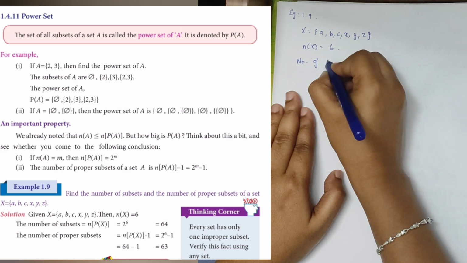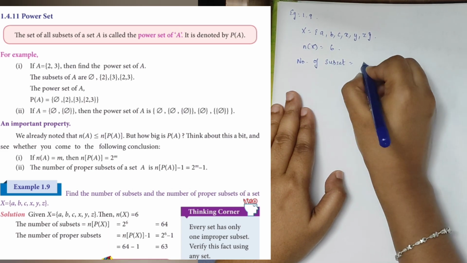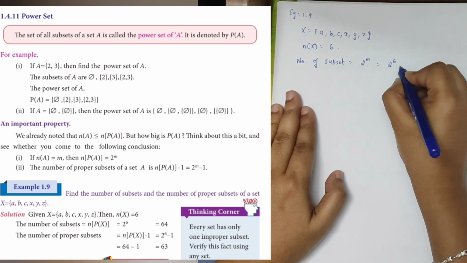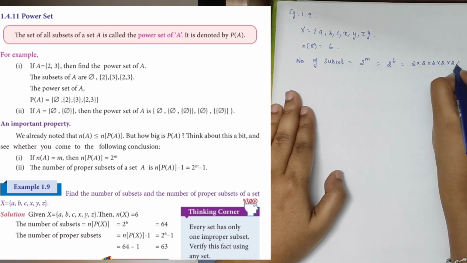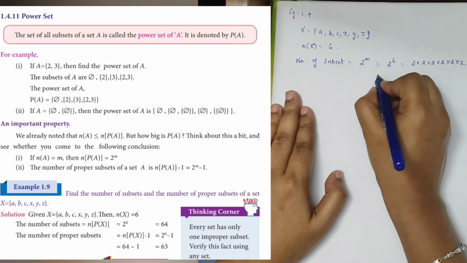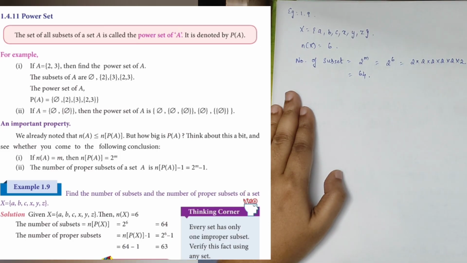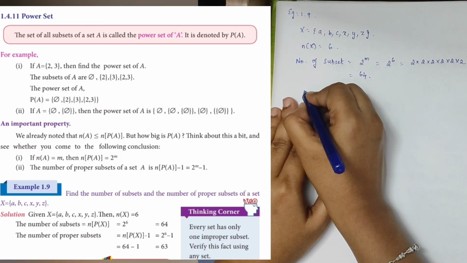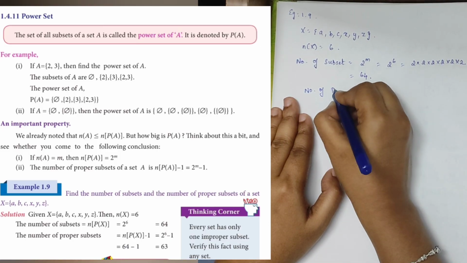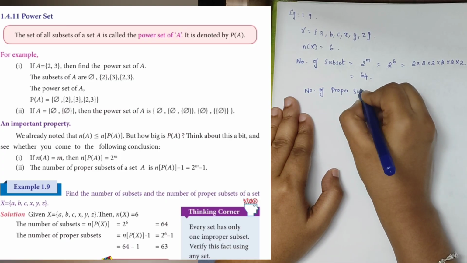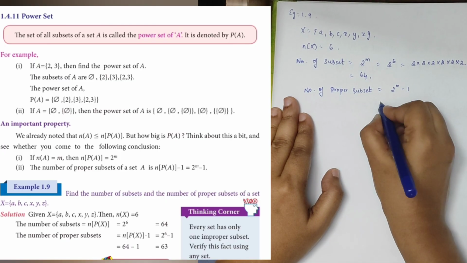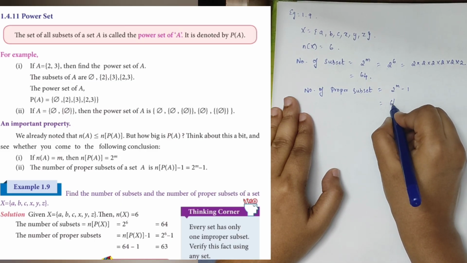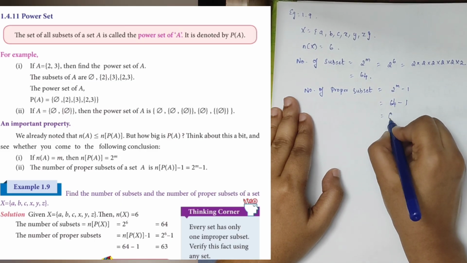So the number of subsets is 2 to the power 6, that is 2 into 2 into 2 into 2 into 2 into 2, which is equal to 64. Next, the number of proper subsets is equal to 2^m minus 1, that is 64 minus 1, which is equal to 63.